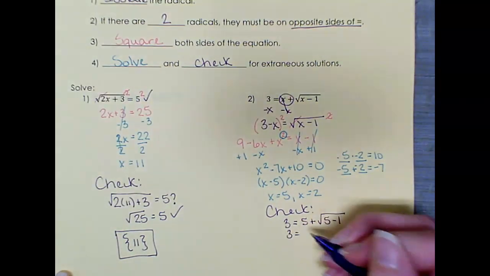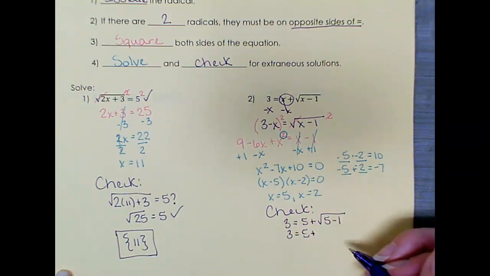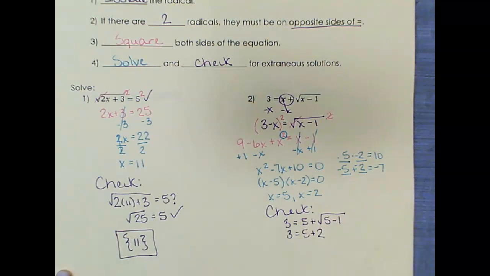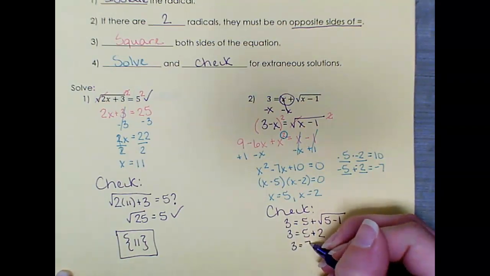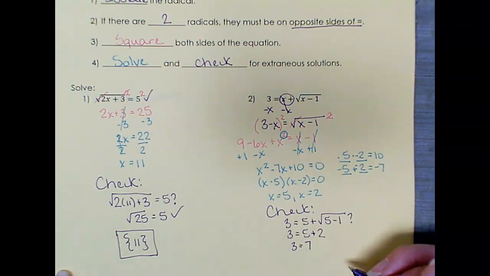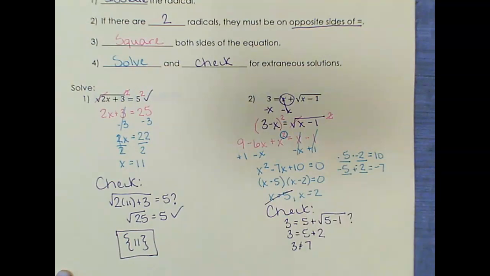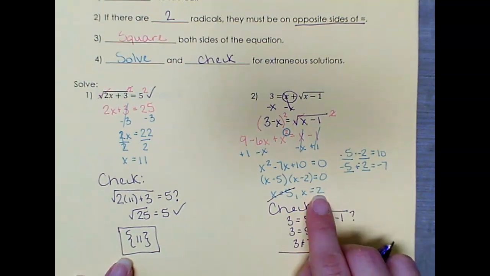Well, the square root of 5 minus 1 is really the square root of 4, and that's 2. And I noticed that 5 plus 2 is not 3. So was this right? No. So that means that 5 is not a solution. But now I need to check the other one. 5 is extraneous. Let's check 2.